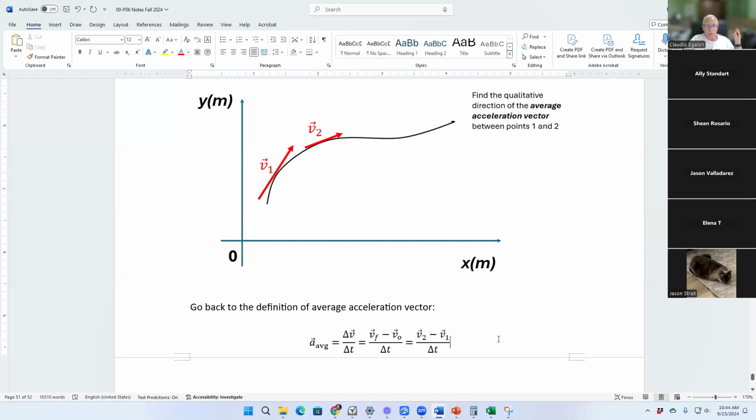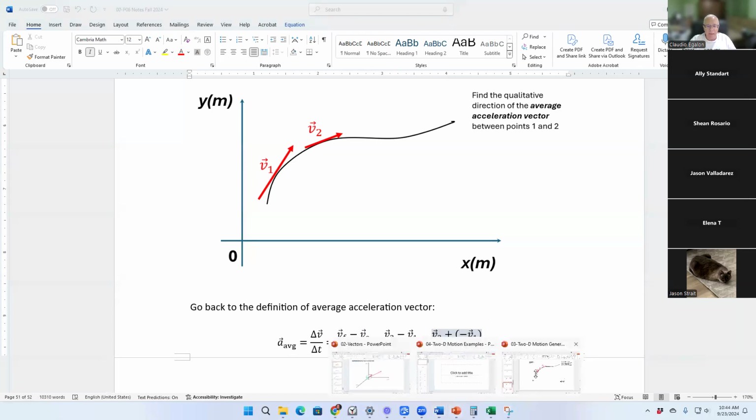Okay. So we have to do this vectorial operation. We have to sum the minus v1 vector with the v2 vector.